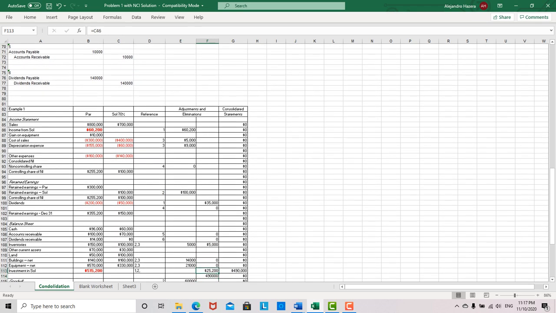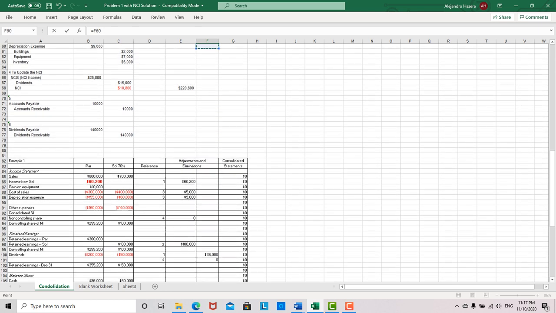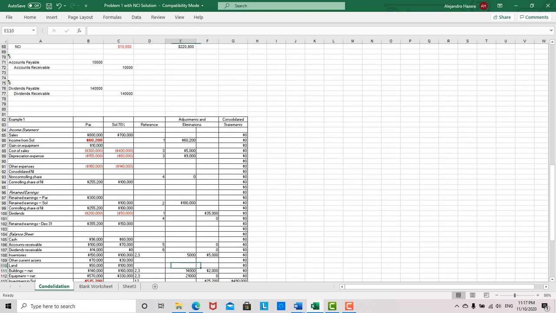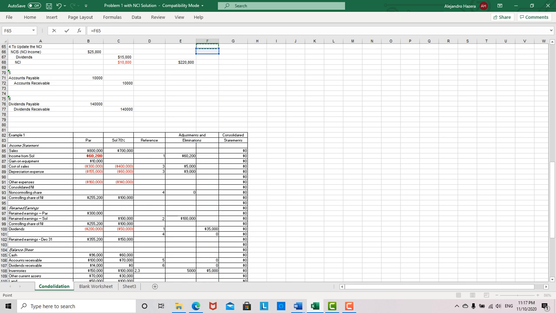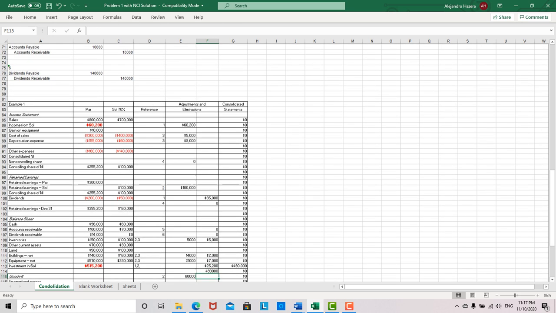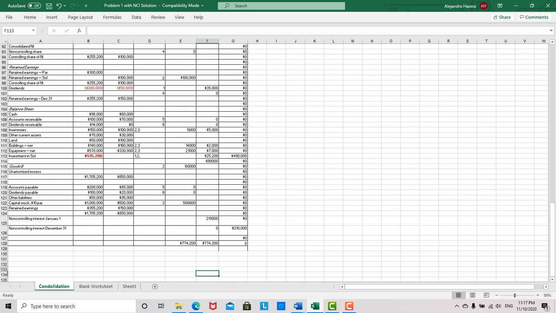Now for buildings, we wrote up buildings by 14, and we're going to write off buildings over 7 years, so $2,000. So notice the 14 minus the 2 means that you've got 6 years left at $2,000 per year. And then finally, you've got a credit to equipment for $7,000 right there. Okay, so let's see. So far, our debits are equal to our credits, so we're looking good.